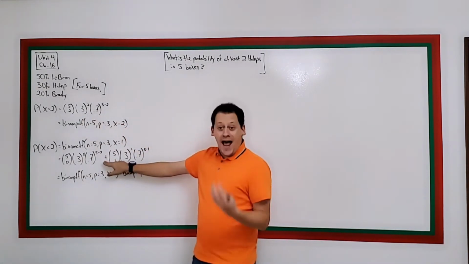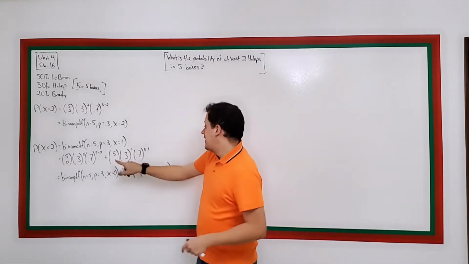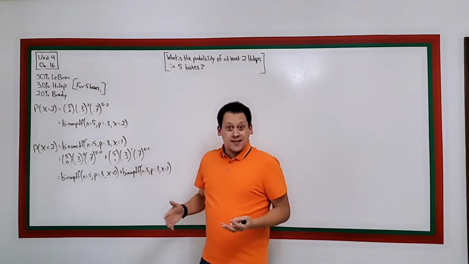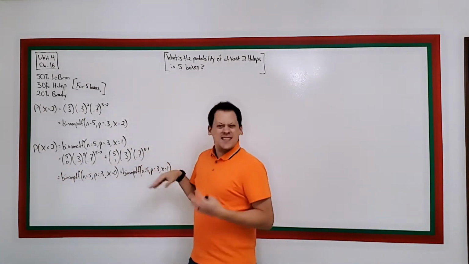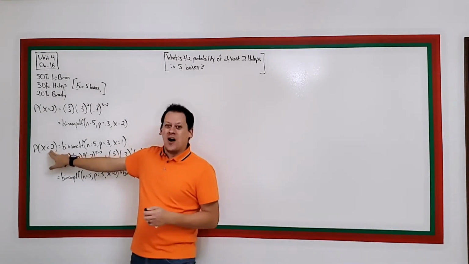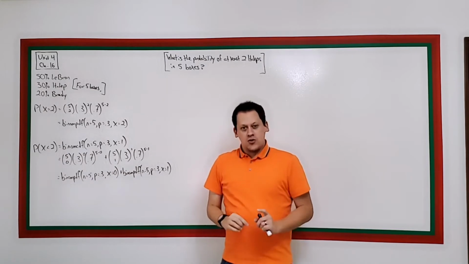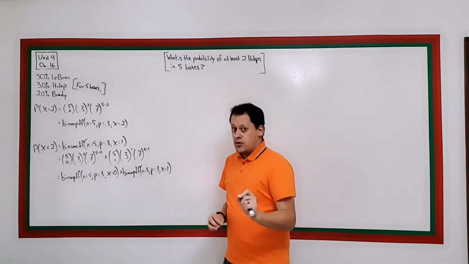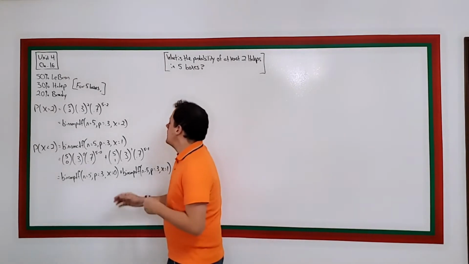And then add the probability that the number of successes is 1. So those 3 numbers become 1s. I wouldn't necessarily say writing it out this way is sustainable if this number is very large. You don't want to be writing out 5 or 6 terms of this. Although there might be a shortcut that we get to that you could do. You don't need all the middle terms, just the first and last.